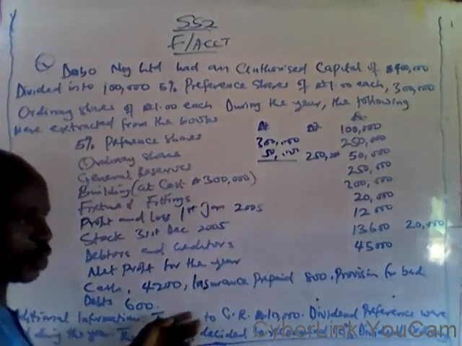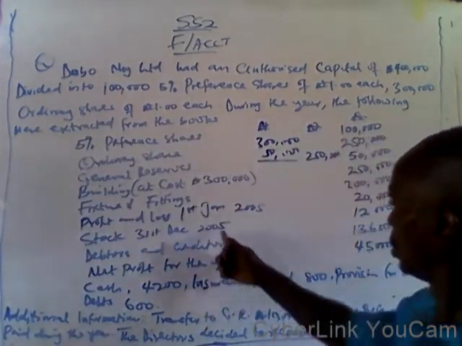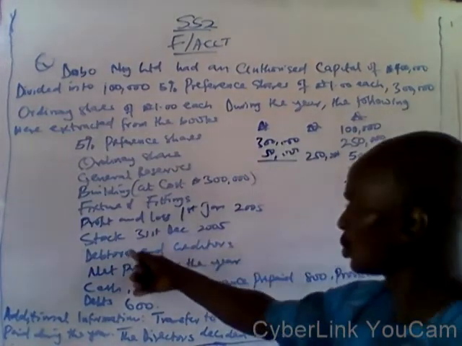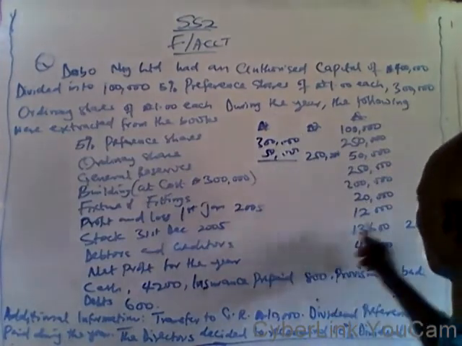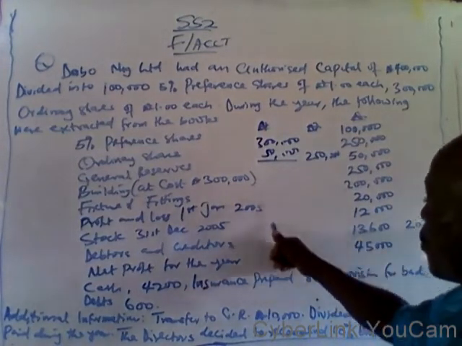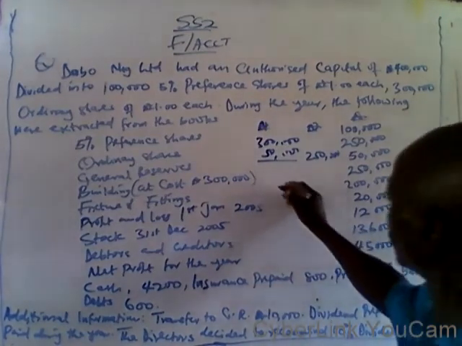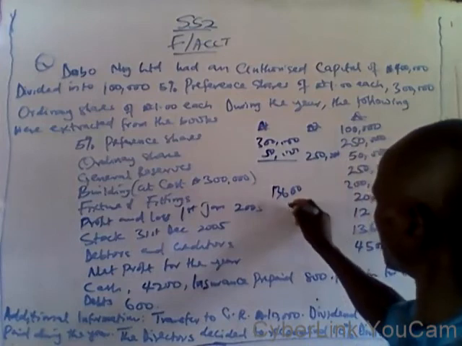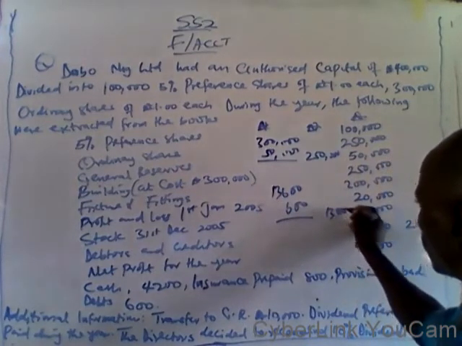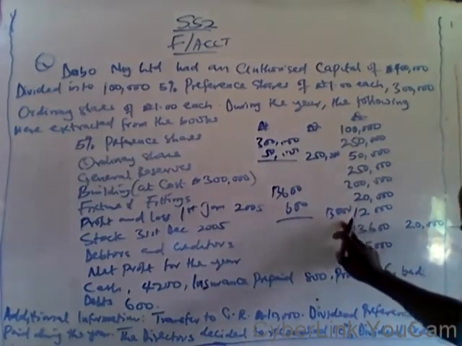And you move down to the current assets. You have the stock of 12,000 naira, followed by the debtors. Under the first column, the debtors is 13,600 naira. You subtract the provision for bad debt given, and you write the net book value under the last naira column, which is 13,000 naira.